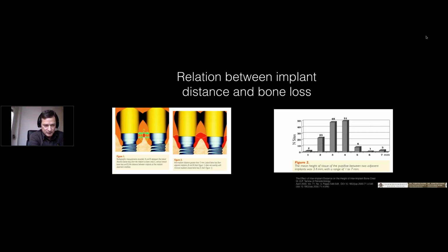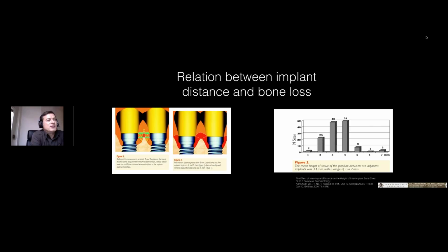We all want 3 millimeters, but the best point is not 3, it's 4 millimeters. So you see in the front, it's not very easy to get a range from one implant to another of 3 or 4 millimeters.